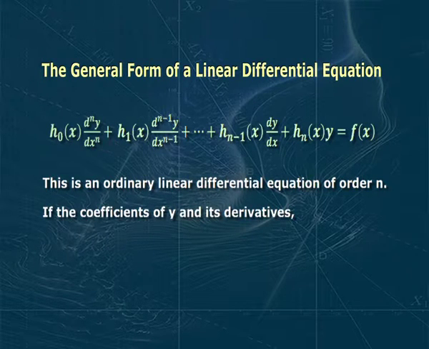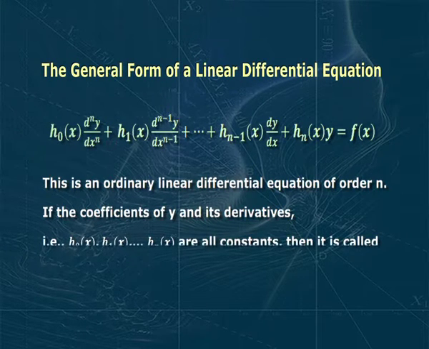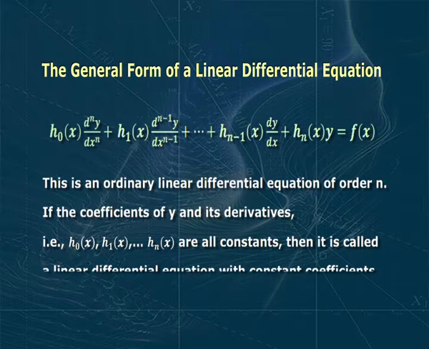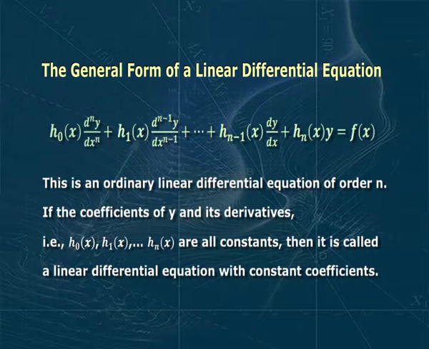If the coefficients of y and its derivatives, that is h0(x), h1(x) and so on till hn(x), are all constants, then it is called a linear differential equation with constant coefficients.